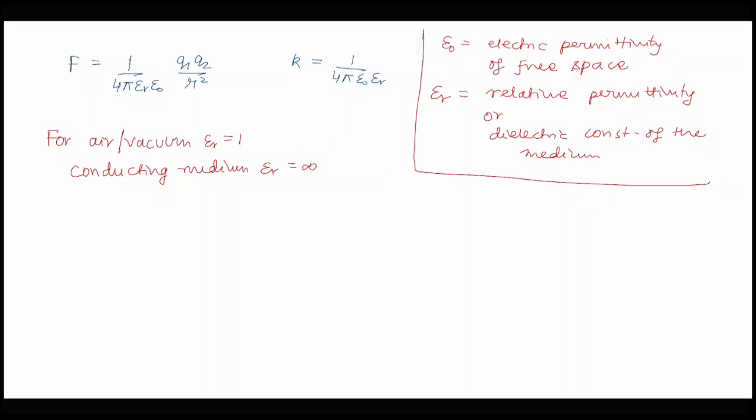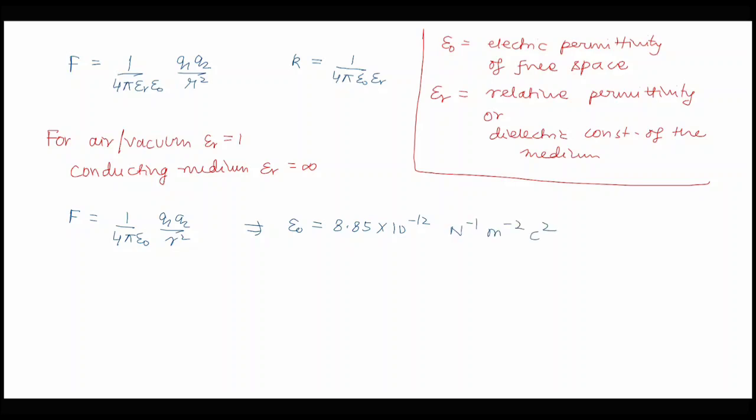If we consider that the charges are placed in air for the time being, we write it as 1 upon 4 pi epsilon naught, Q1 Q2 by r square, and from here we obtain that the value of epsilon naught is 8.85 into 10 to the power minus 12 Newton to the power minus 1 meter minus 2 Coulomb square.